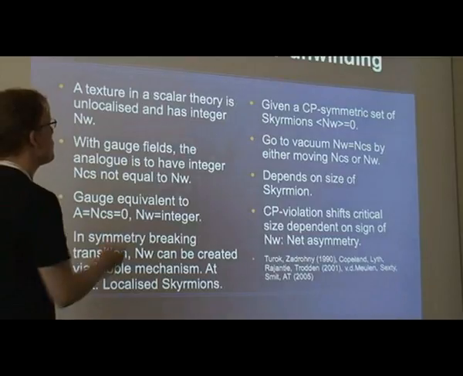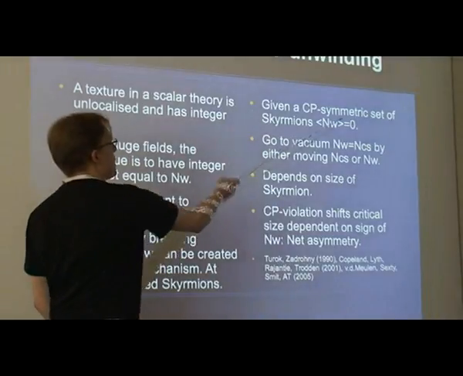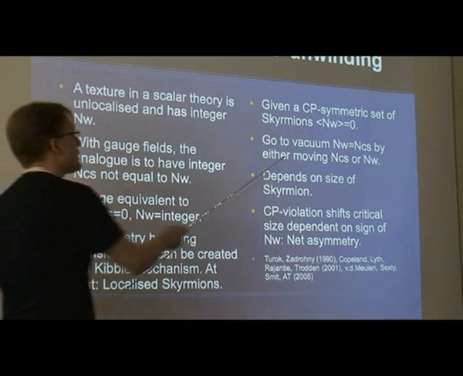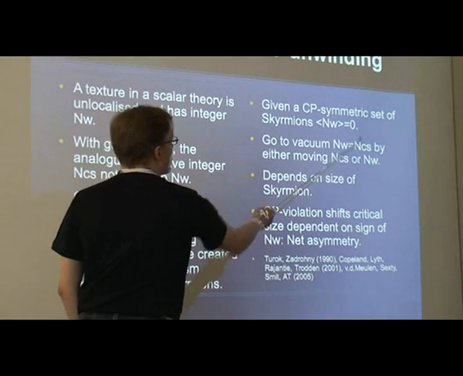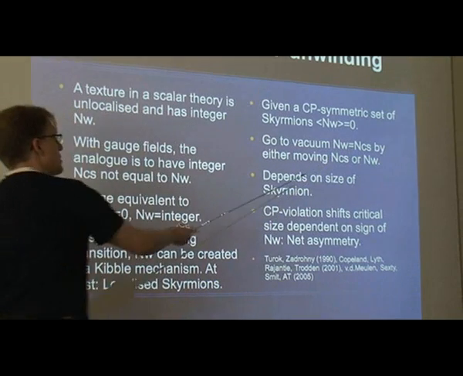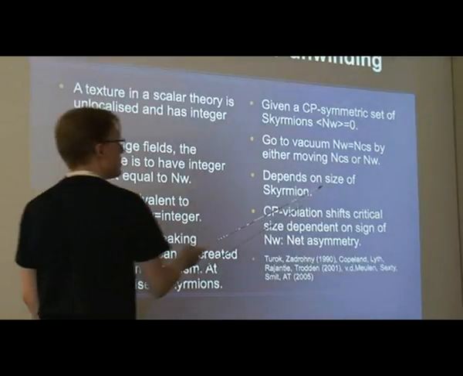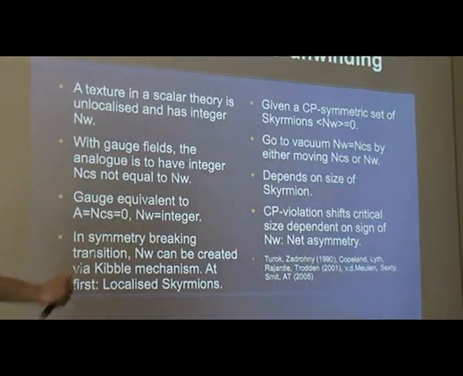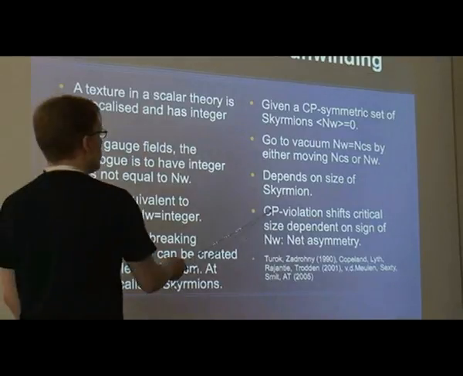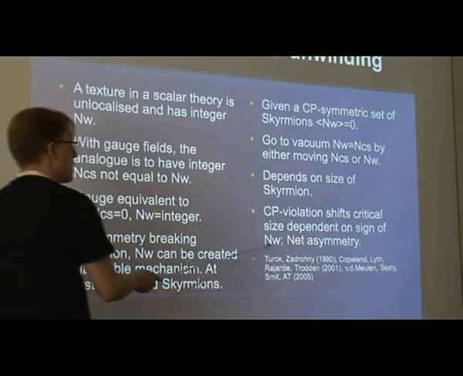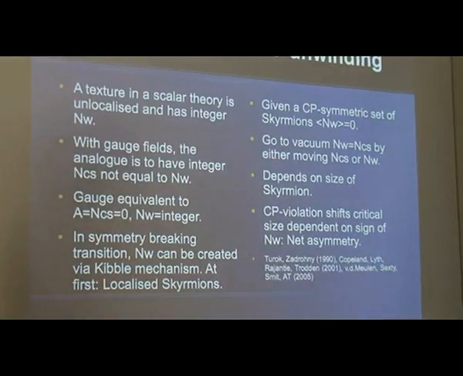So the idea of this would be that you start with a CP symmetric set of Skyrmions from the Kibble mechanism, and then they start adjusting the winding number to the Chern-Simons number, either by moving Chern-Simons number or winding number. And that turns out to depend on the size of the Skyrmion, and there is some cutoff of the size where it goes one way or the other. Now it turns out the CP violation shifts this critical size, and that depends on the sign of the winding number.